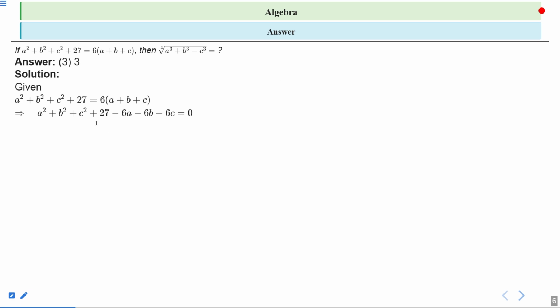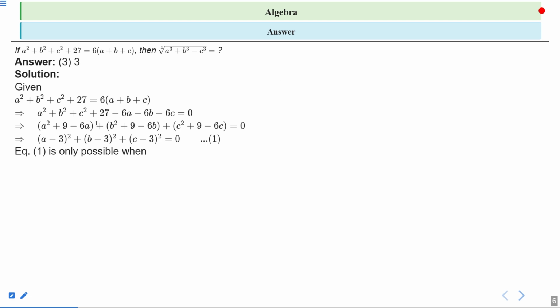Now we break the 27 and write a square plus 9 minus 6a, in the same way plus b square plus 9 minus 6b plus c square plus 9 minus 6c, which equals 0. Now we can write it in the form of a minus 3 whole square plus b minus 3 whole square plus c minus 3 whole square equals 0. This is our equation 1.